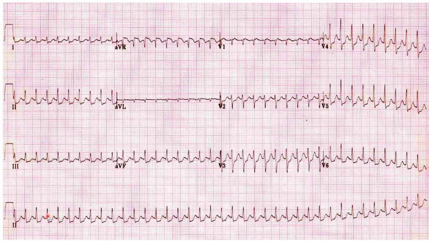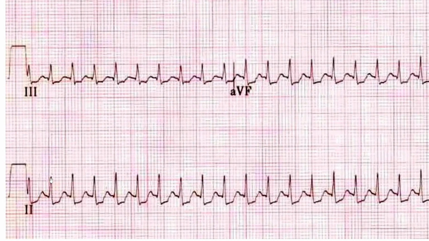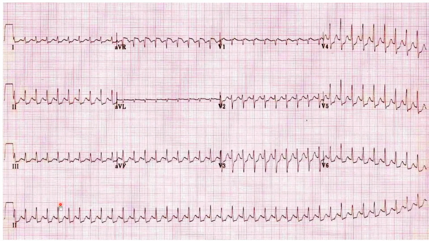That's the first feature of an SVT. So there are no P waves. Okay, I'll zoom in a little bit and show you that. If you look here, the QRS complex is quite narrow. That means it is less than 0.12 seconds or 3 small squares.